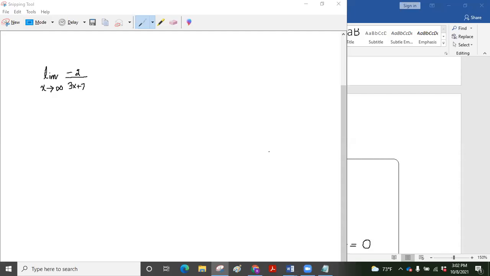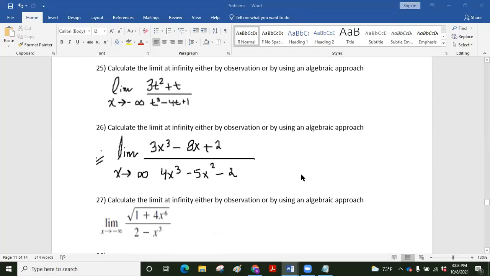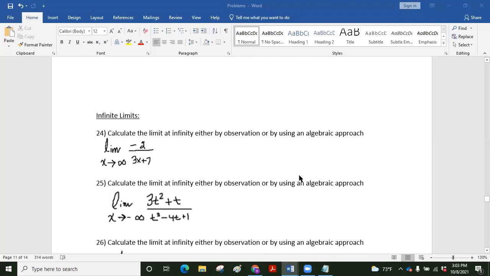Now we are concluding continuity, and I think I'm going to divert to some true or false questions regarding continuity. First, we'll actually finish up on infinite limits, and then we'll divert our attention to continuity.